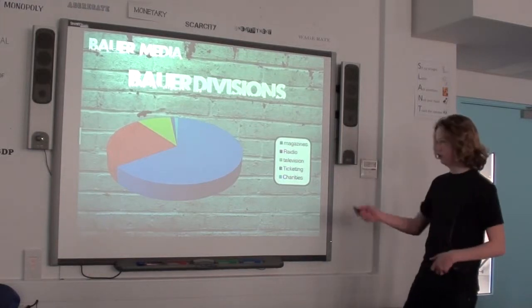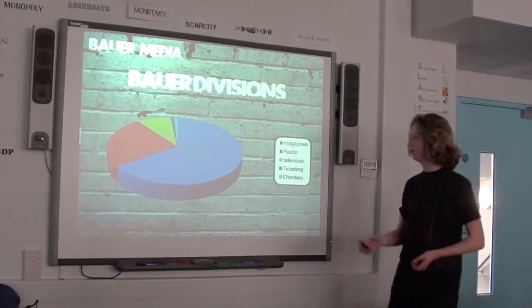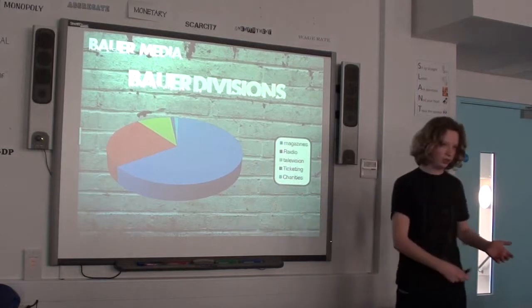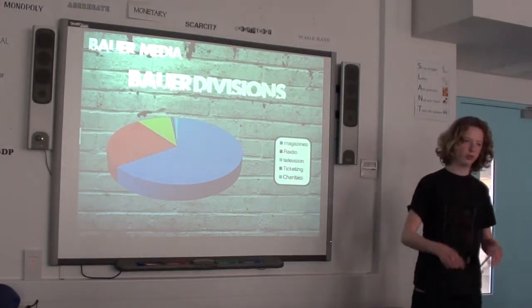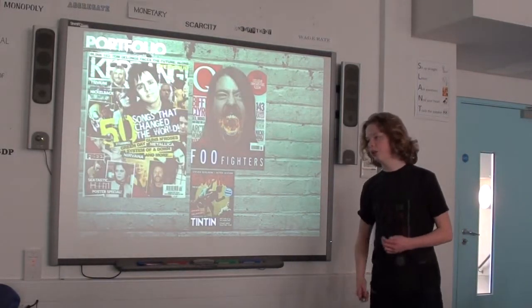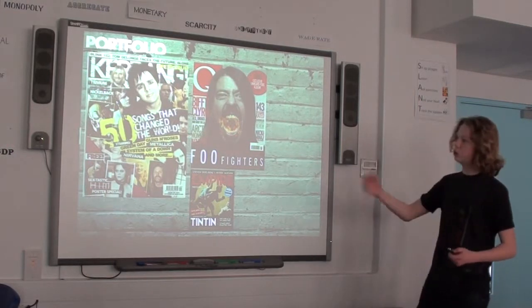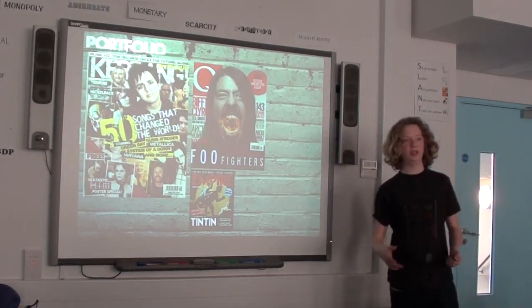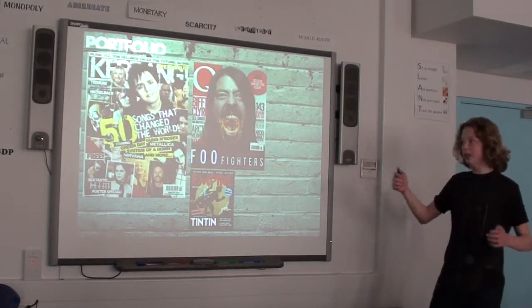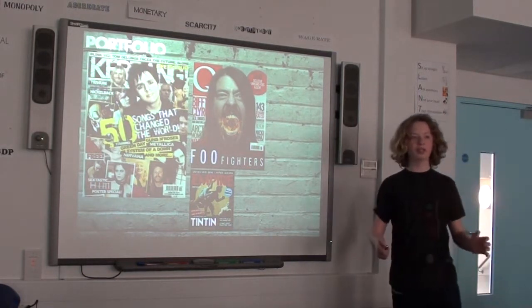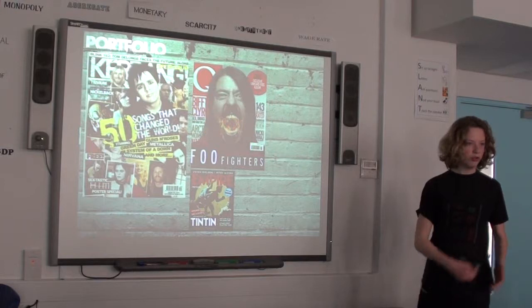In terms of Bauer divisions, you can see they're mainly print, but there is also quite a big focus on radio and television. Radio especially, because that's sort of the home of music. In terms of their portfolio, they have Kerrang!, which is the biggest selling music magazine weekly, but it is purely indie rock based, and even Q is mainly rock based.